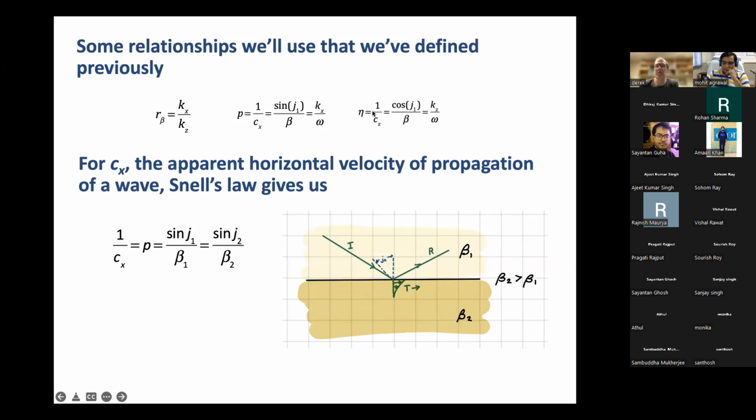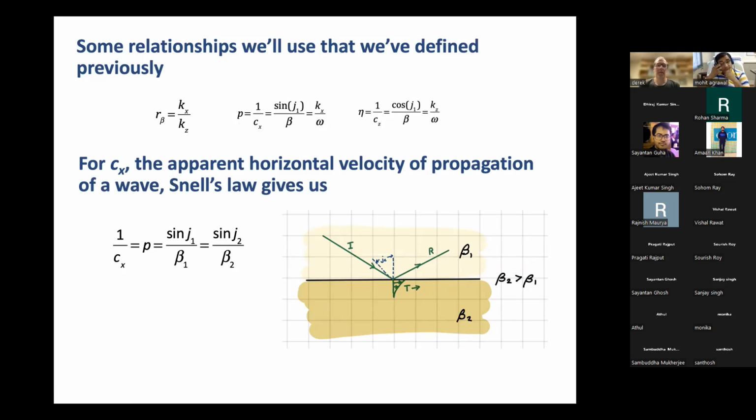Eta is 1 over the vertical apparent velocity. This will vary in each layer, as opposed to P, which will be constant for a ray. It's cosine of the angle of incidence over the velocity, which also equals K sub z over omega.